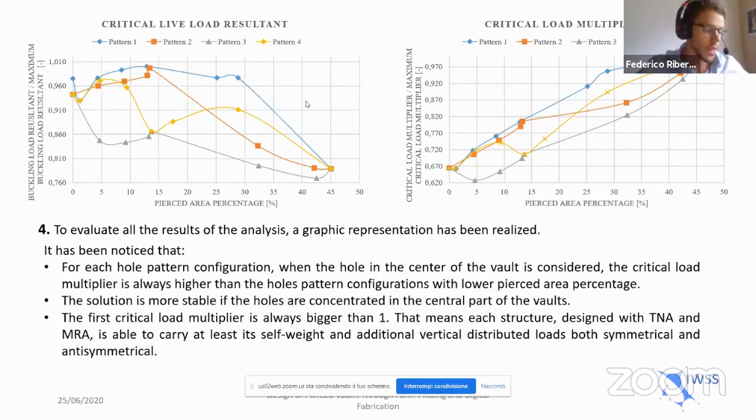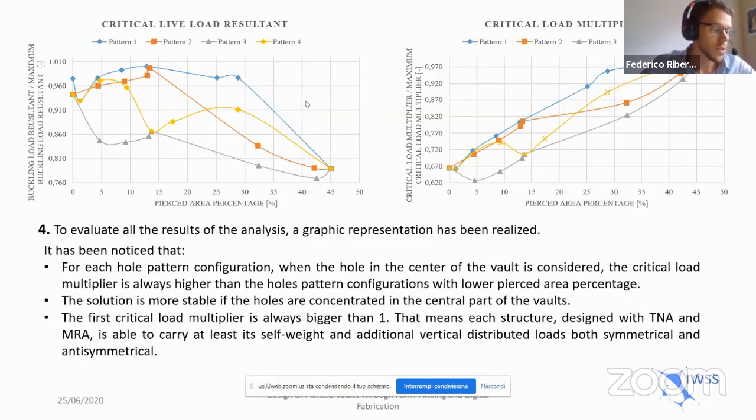It has been noticed that for each hole pattern configuration, when the hole in the center of the vault is considered, the critical load multiplier is always higher than for the hole pattern configurations with lower pierced area percentage. Also, the solution is always more stable if the holes are concentrated in the central part of the vault.